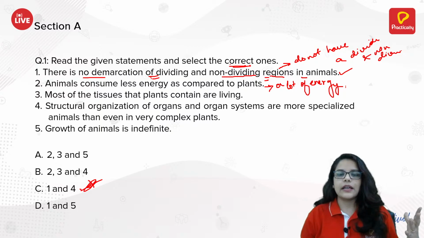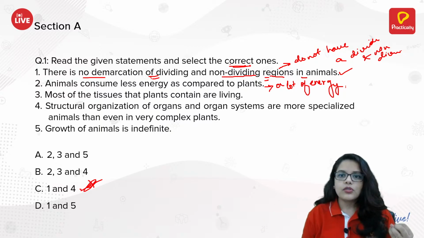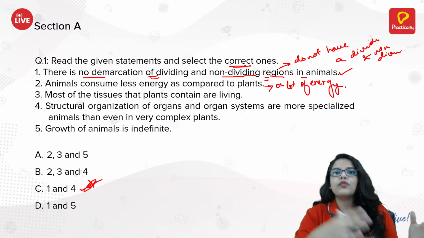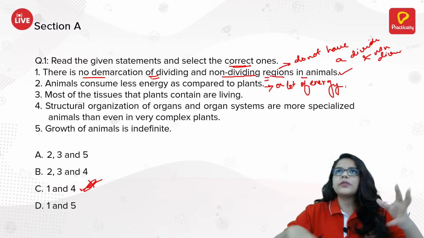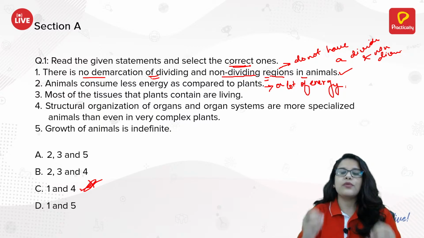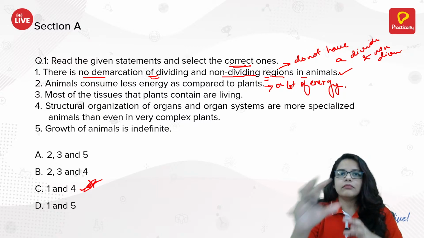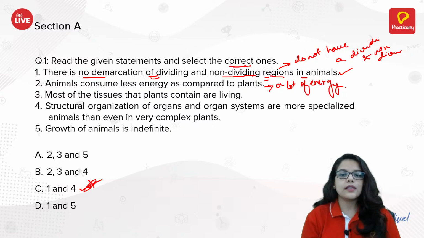Everything requires energy. They are always moving for food, from one place to another. What happens in plants? Plants are just standing in one place. They're not moving anywhere. Although a little bit of energy is required for photosynthesis, respiration and all, that is very minimal compared to animals. So this is wrong.